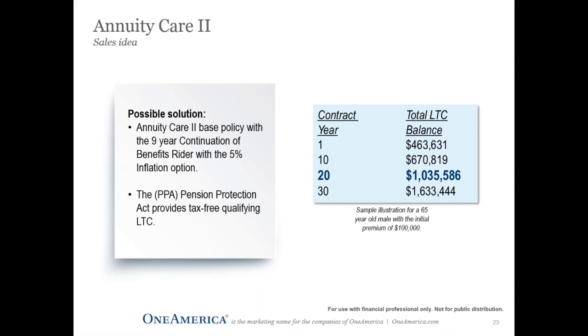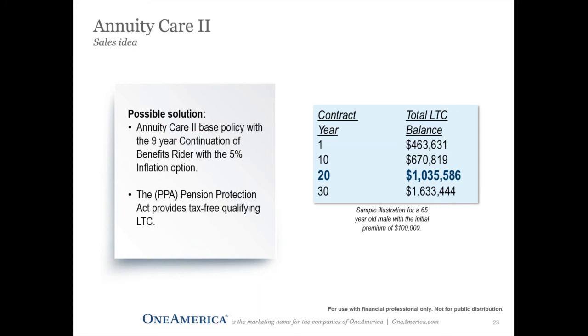So you've got clients that are sitting around concerned about long-term care, may not be in the best of health, but have some cash on the sidelines, either in an annuity, cash value life insurance, or just sitting in cash at the bank. This could be a fantastic solution for that. Reallocate the asset, create an enormous amount of leverage, and with this inflationary rider, guarantee that in 20 years, in this example, we've got a $1 million bucket for LTC purposes.